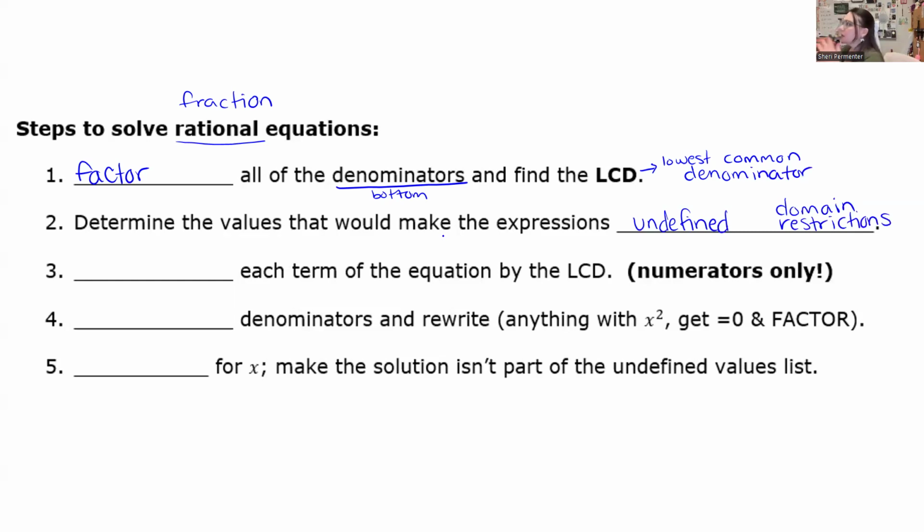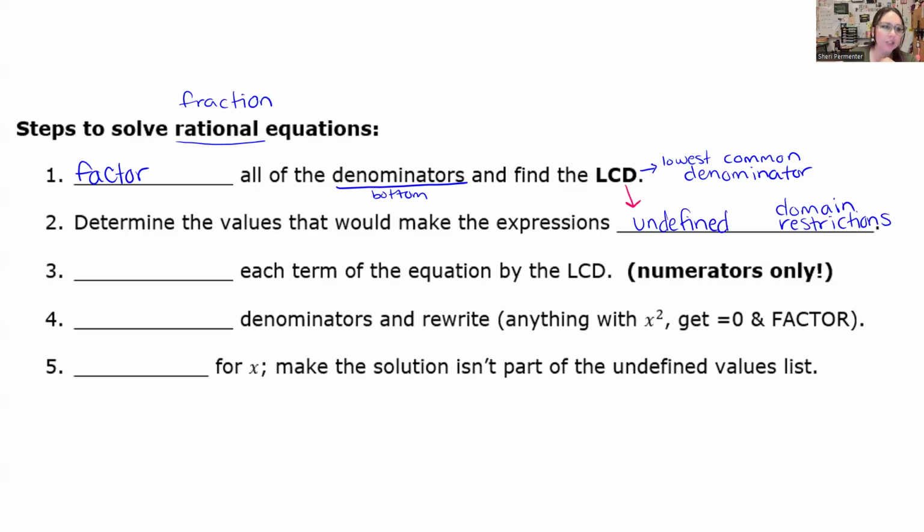And those tie in directly with the LCD. Once you figure out what the LCD is, you know the undefined values.